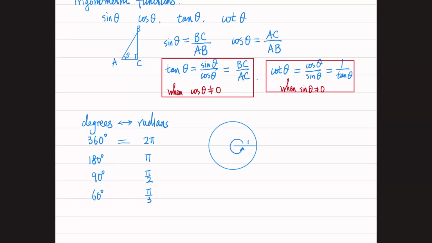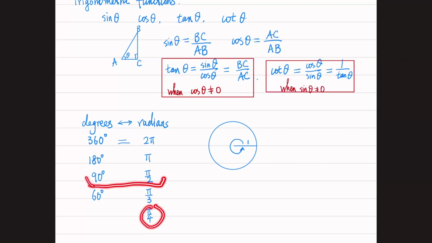And Kira, pi over 4. How do you find pi over 4? Well, if we use this, pi over 2 is 90, so we divide 90 by 2.